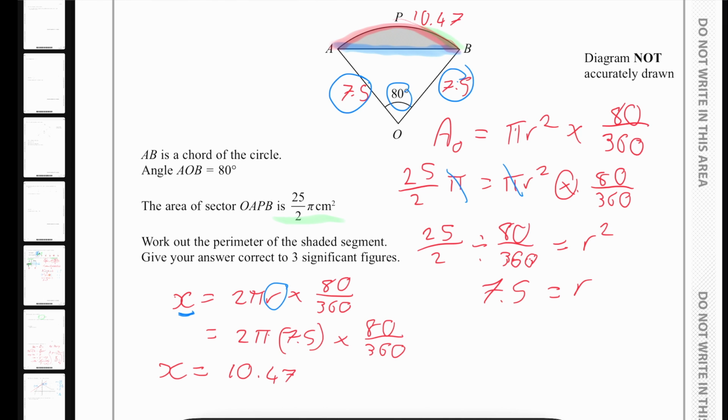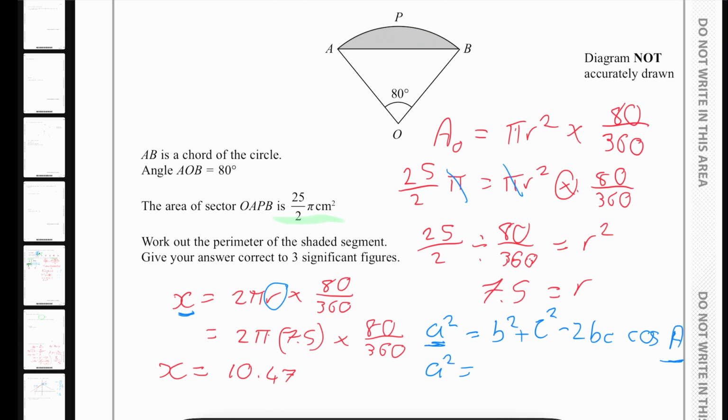So just remember, cosine rule, it looks like this: a squared equals b squared plus c squared minus 2bc cos a. Okay. And it's always the case that a squared, the side, and the angle A are opposite to each other.